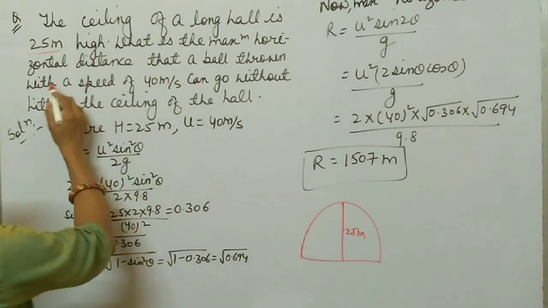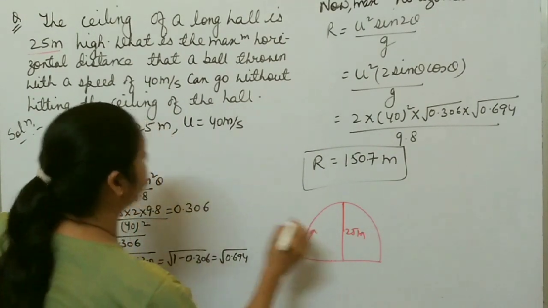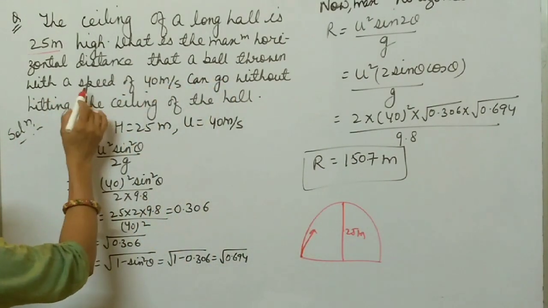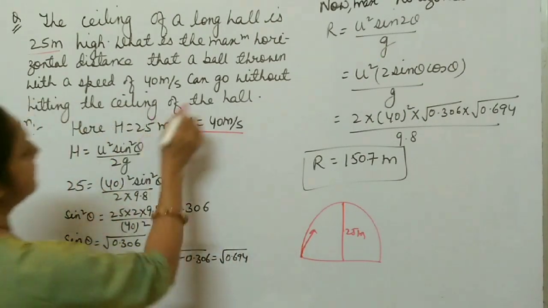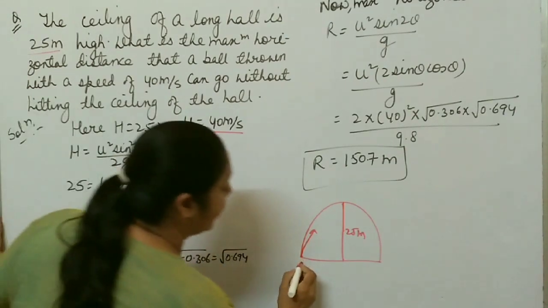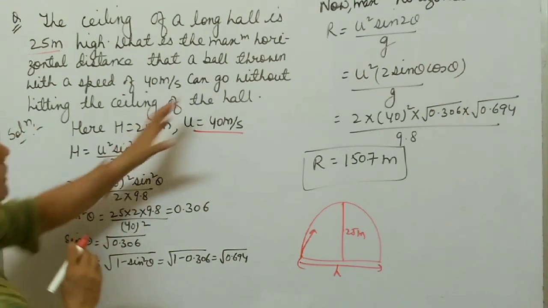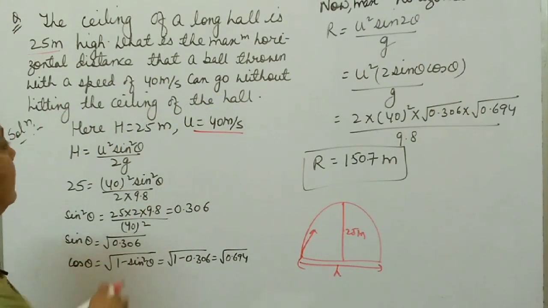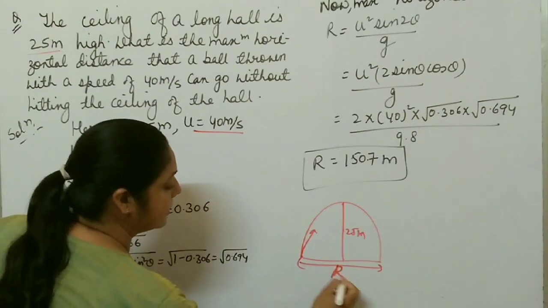What is the maximum horizontal distance that a ball thrown with a speed of 40 meter per second can go without hitting the ceiling of the hall? You have to find this maximum horizontal distance, that is range.